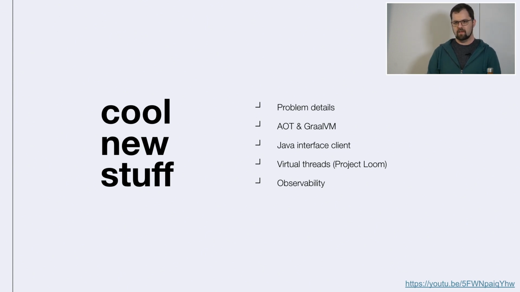And every project, every company has its own problem or error response library. At Supercharge, we even open sourced one. But this problem details stuff is based on an RFC, so it's a quasi web standard.